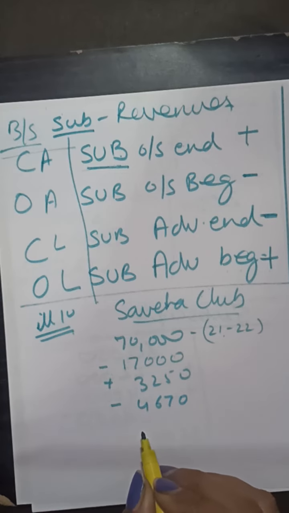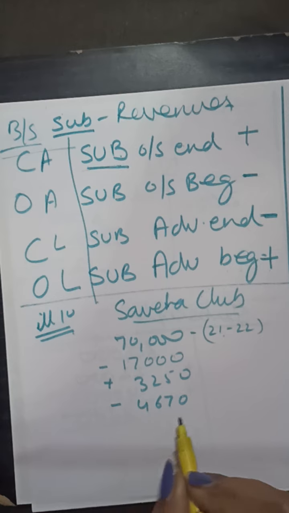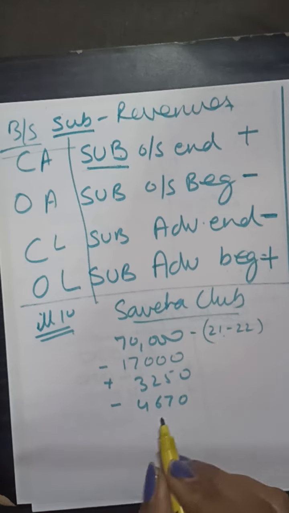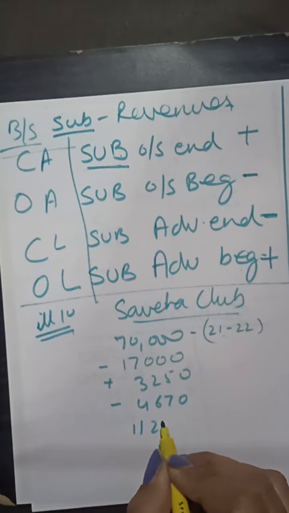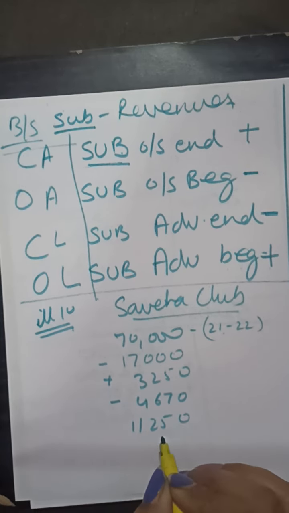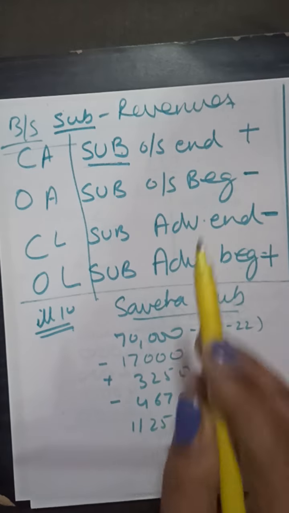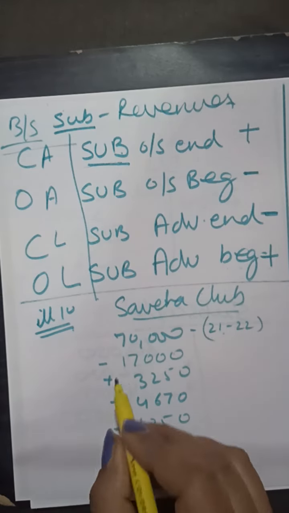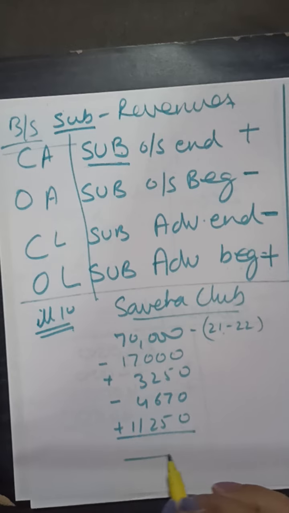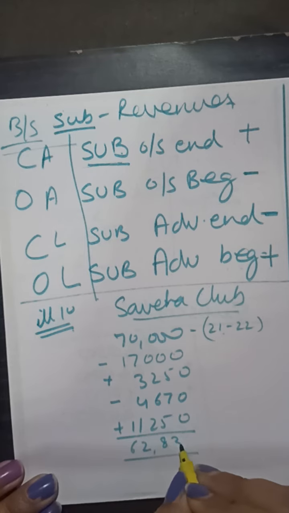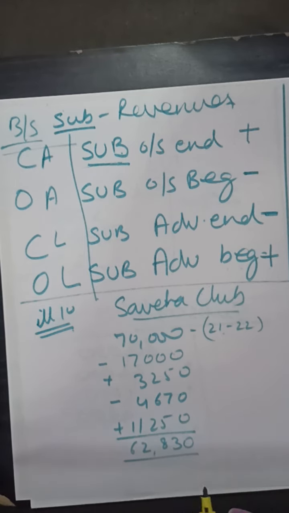And then they say subscriptions outstanding on 31st March 2021, rupees 11250. That is outstanding at the end. Outstanding at the end will be added. And this is the income and expenditure. Here you write the answer. The book is showing 62,830, and that is the answer.